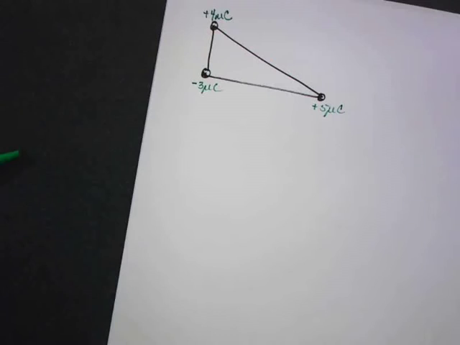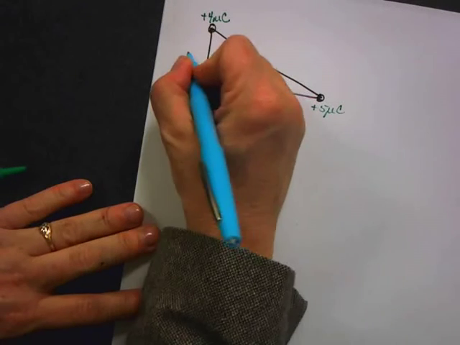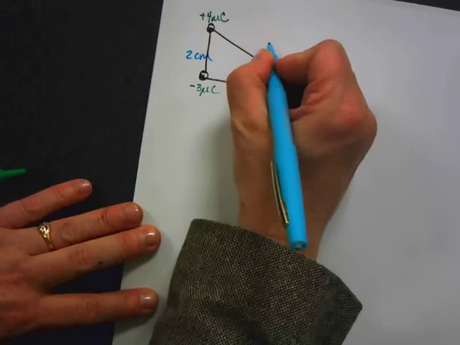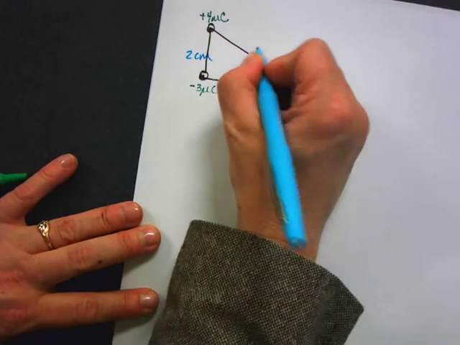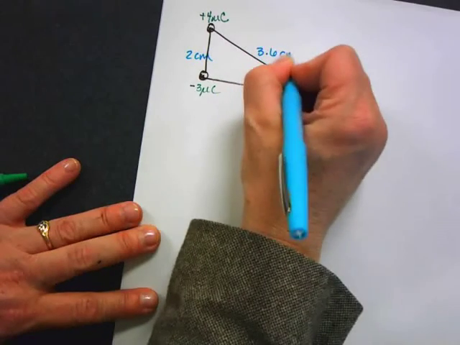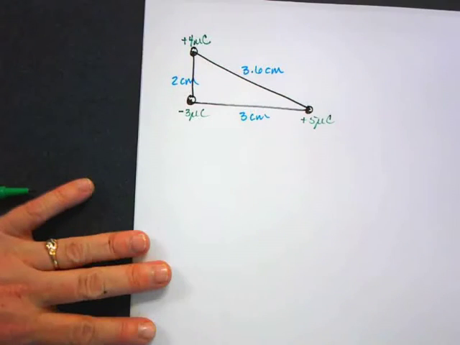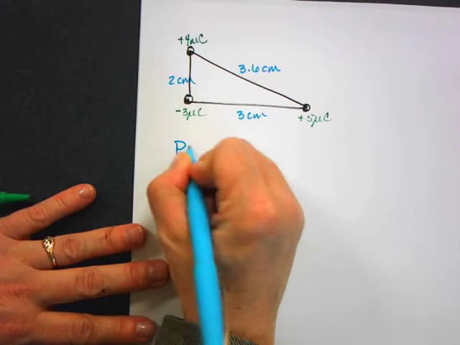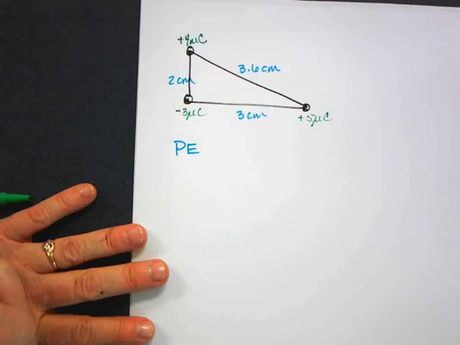Capital C. All right. And the distances are 2 centimeters, 3 centimeters, and 3.6 centimeters.